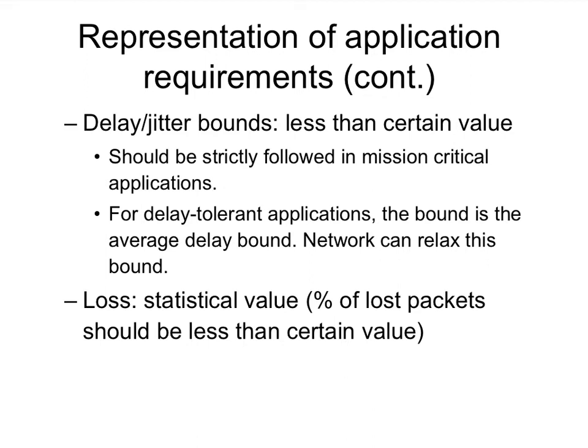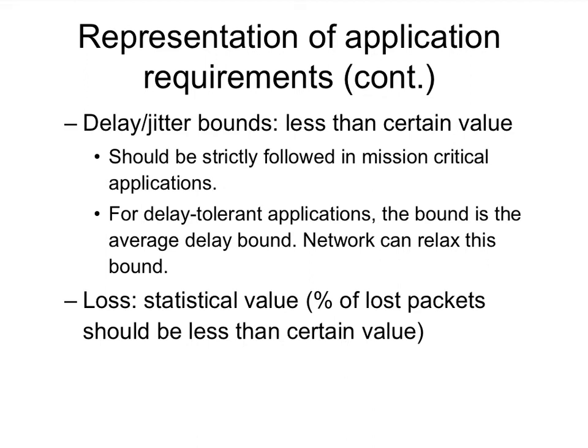For delay tolerant applications, the bound is the average delay bound. That's why we said that for delay tolerant applications, we can tolerate maintaining average quality of service, right? Because average means that even if we're talking about variable bitrate applications, if it's above the average, you may encounter extra delay, but that's fine because this application is delay tolerant.